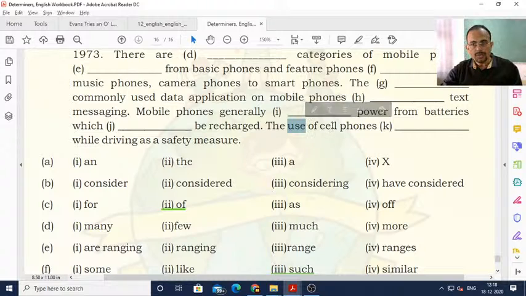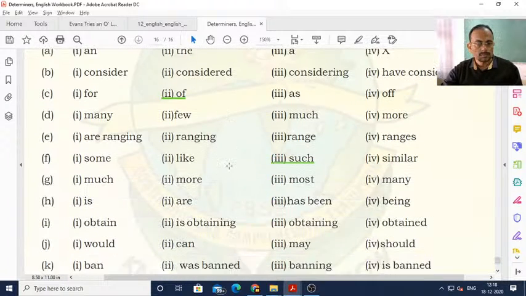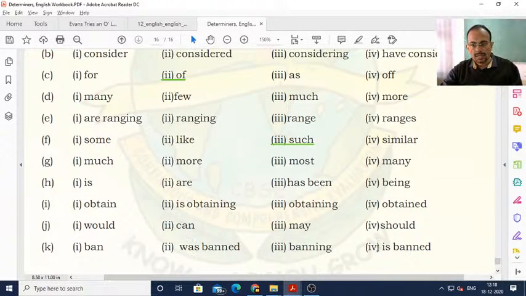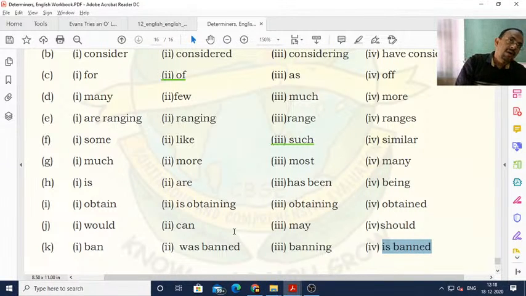Okay. So, use of cell phones is banned. It cannot be was banned because it's a factual passage, and for the present time it is describing the common characteristics of feature phones. Whenever we describe common characteristics of a particular product, of a particular thing, then it should always be in the present tense.